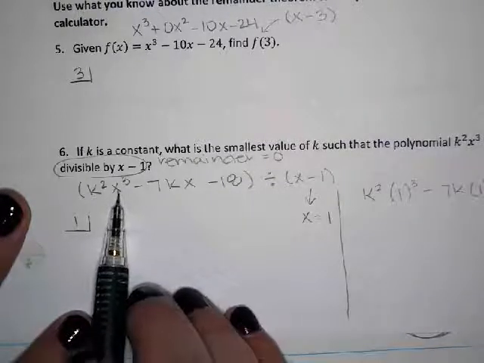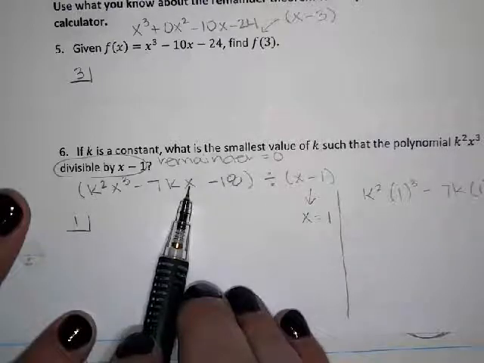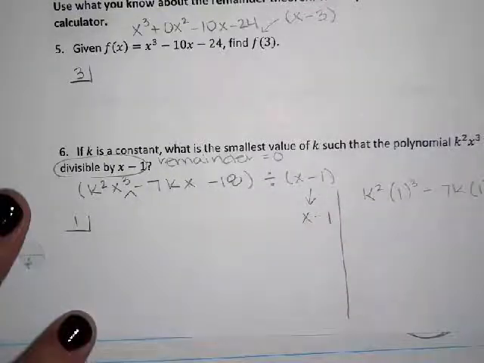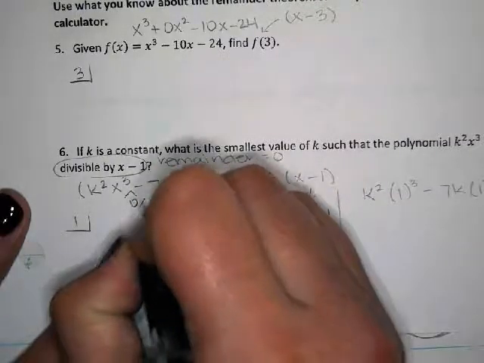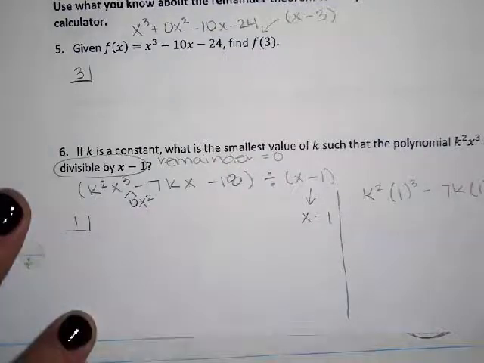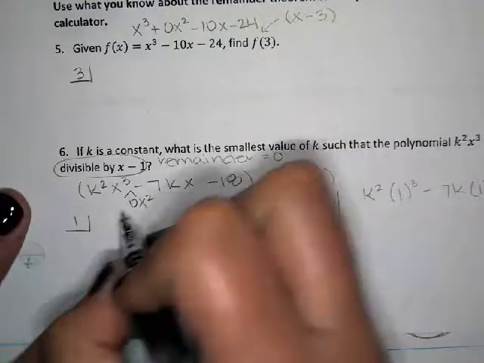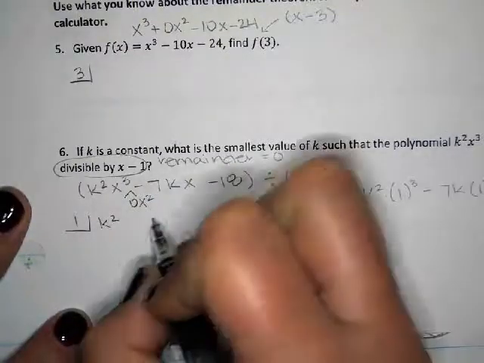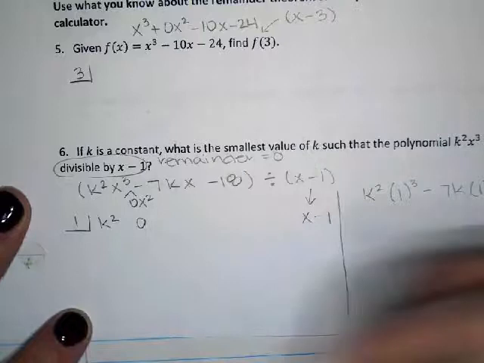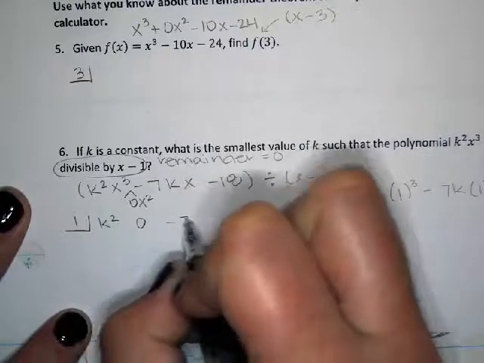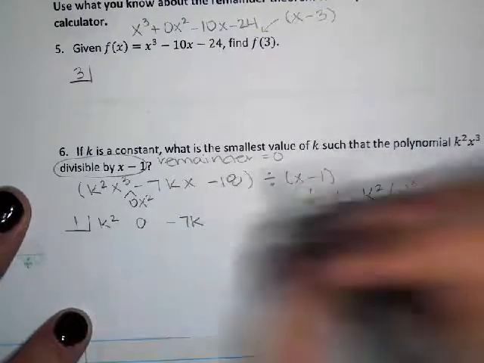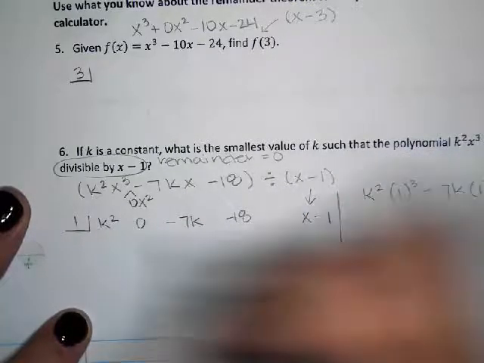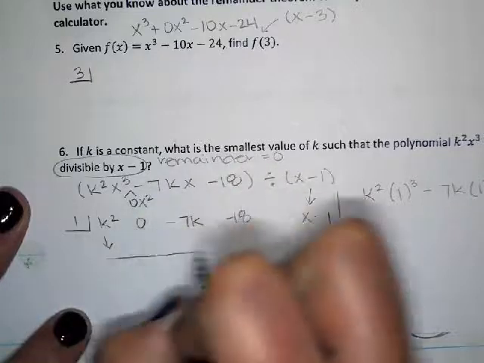So the coefficient for x to the third is k squared, the coefficient for x squared is 0, the coefficient for x is negative 7k, and the coefficient at the very end is negative 18. And I already know that at the end, I have a remainder of 0.